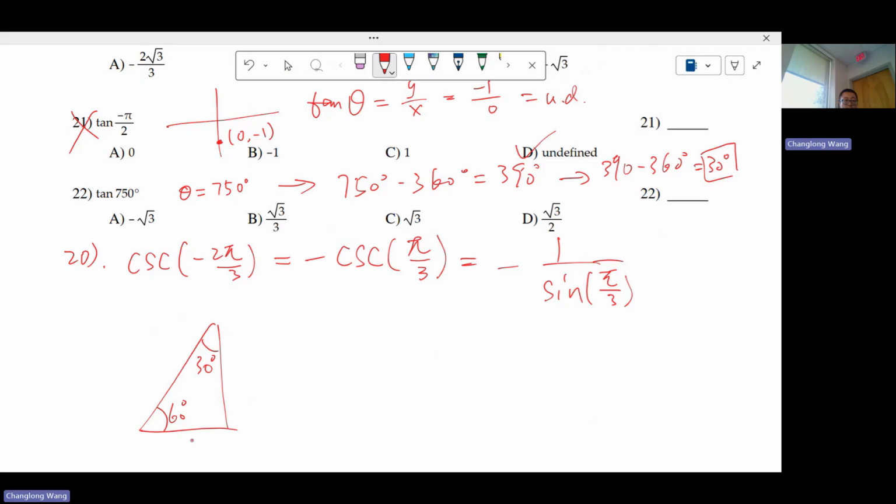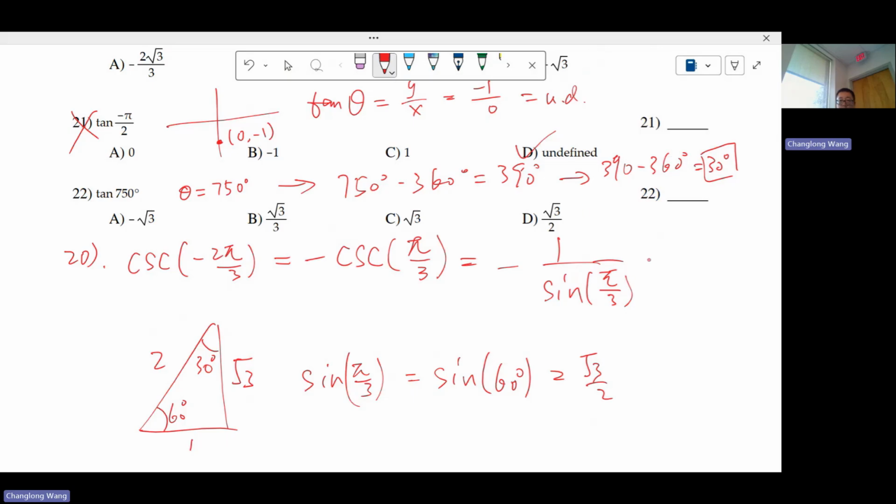Now for 30, the opposite is 1, the hypotenuse is 2, and the adjacent of 30 is radical 3, right? So now I'm looking at sine of pi over 3. You know that's going to be the same as sine 60 degrees. So 60 degrees, opposite over hypotenuse, will be radical 3 over 2.